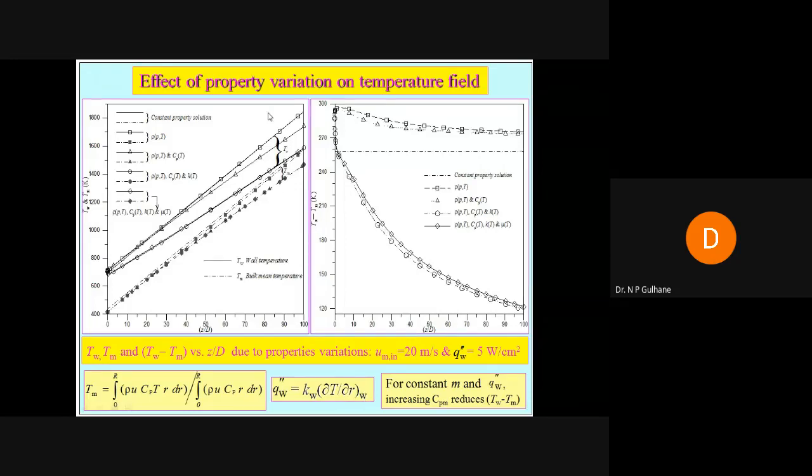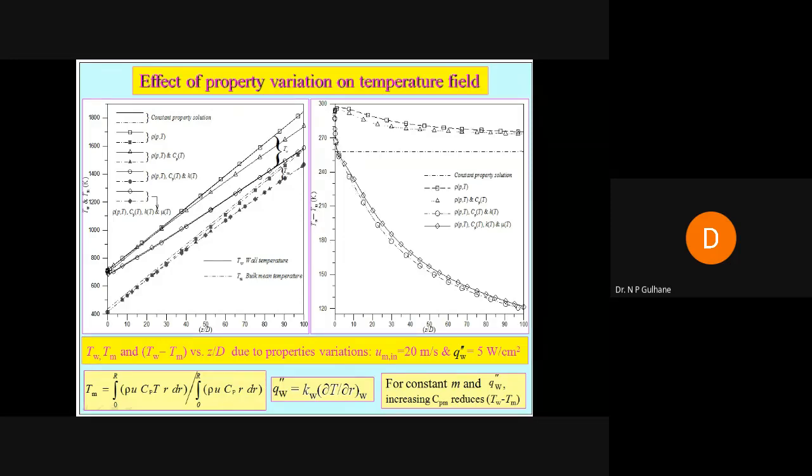And you can see here, for constant mass flux and Q double prime W heat flux, an increase in Cpm. If the value of Cpm increases, Tw minus Tm decreases, and the Nusselt number goes on increasing. Okay. So overall, if you see the entire property variation incorporation, what is the change in Tw minus Tm?